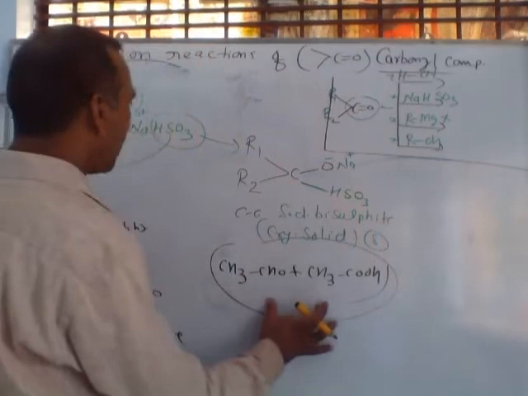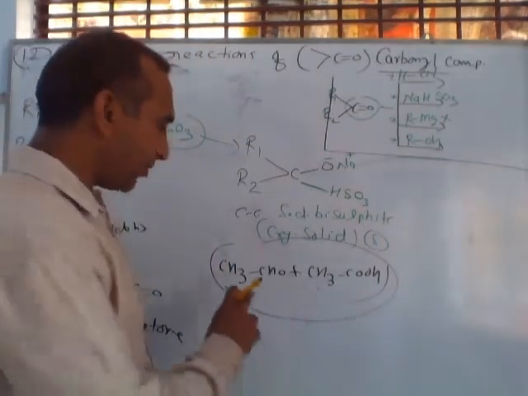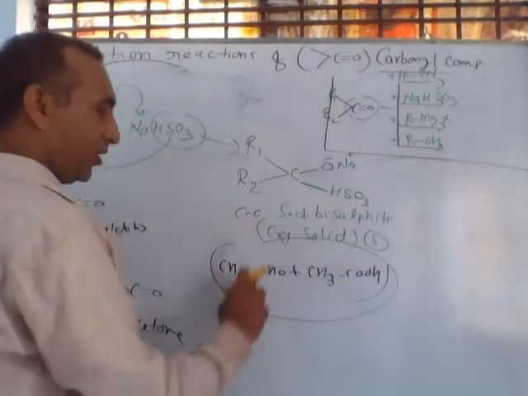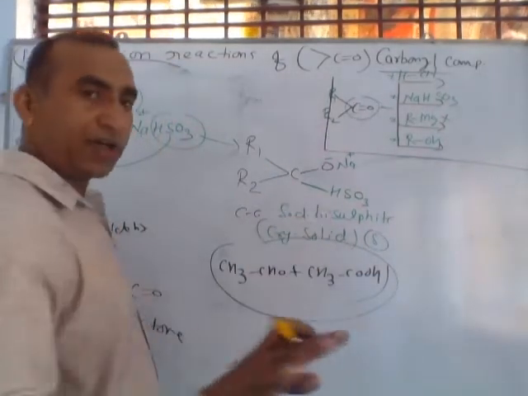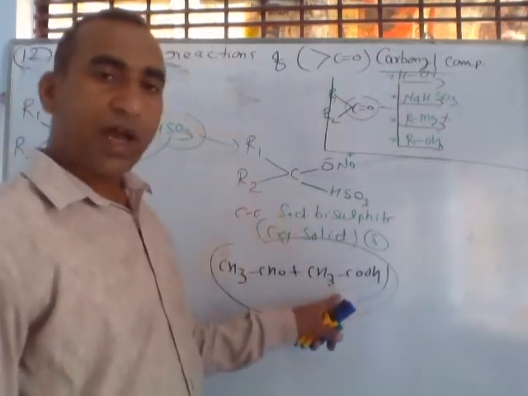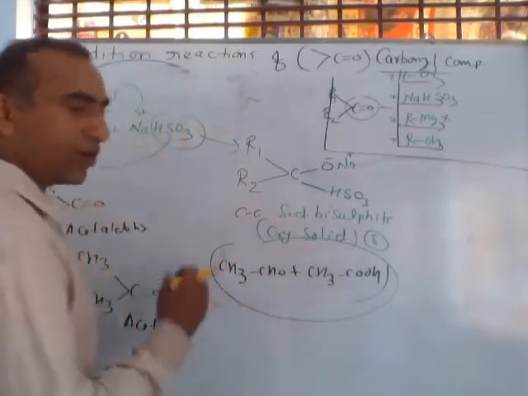So in this mixture, we will add sodium bisulfite. Sodium bisulfite reacts only with this, because this compound has a carbonyl group, and forms acetaldehyde sodium bisulfite as a crystalline solid and precipitate. In the mother liquor, acetic acid exists. We will filter. After filtration, we obtain this compound.